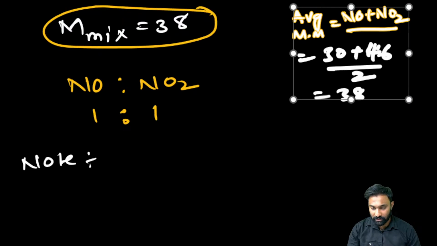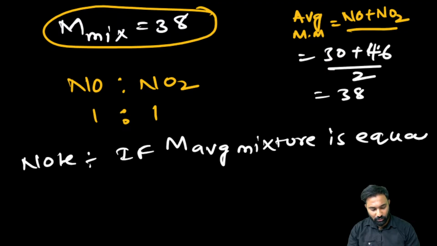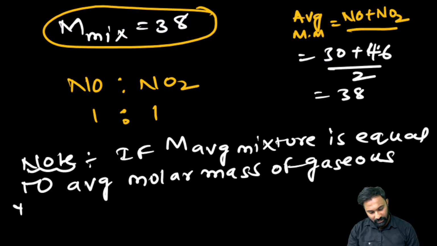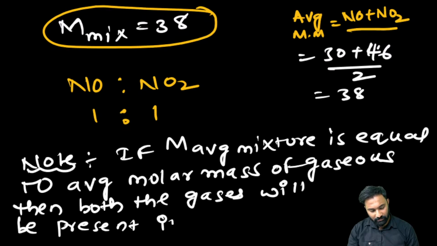The key point is: if M average mixture is equal to the average molar mass of the gases, then both the gases will be present in 1:1 mole ratio.